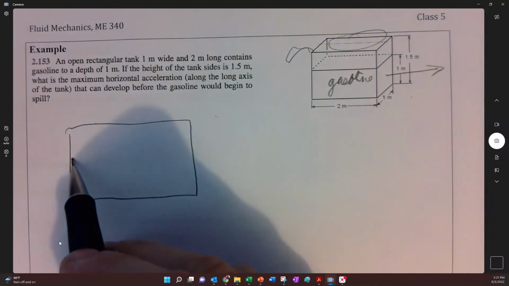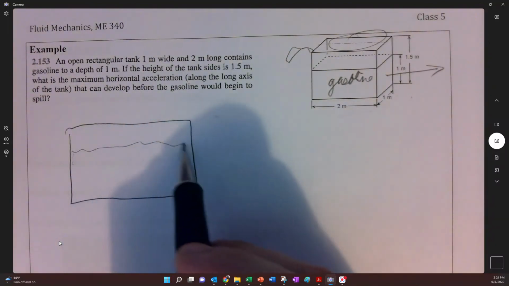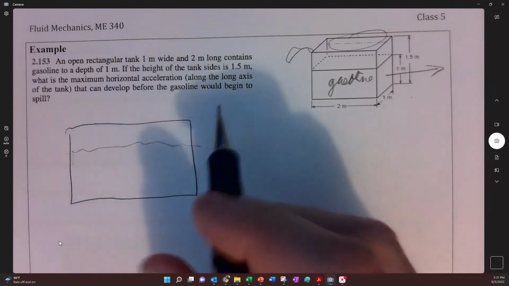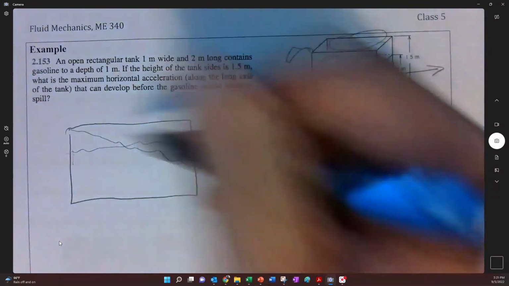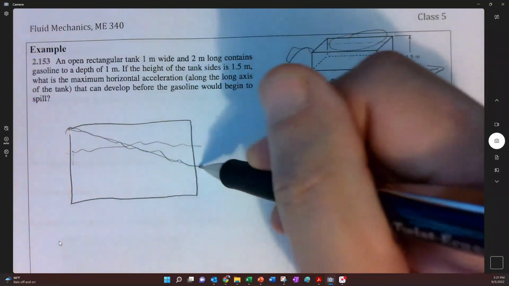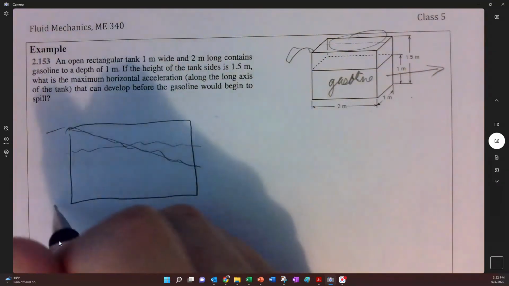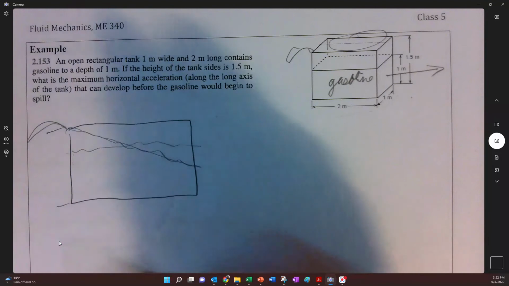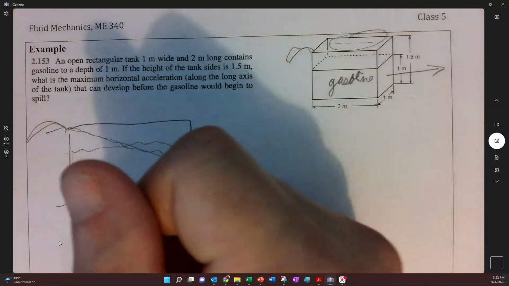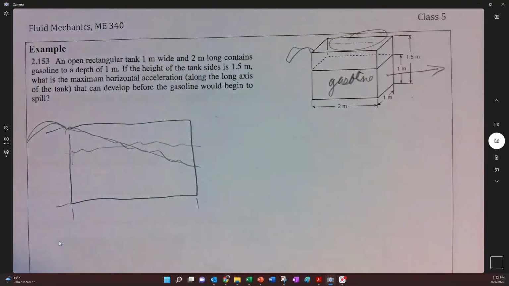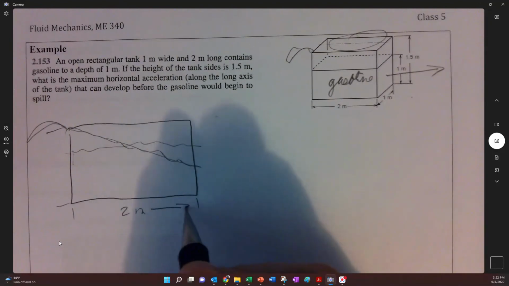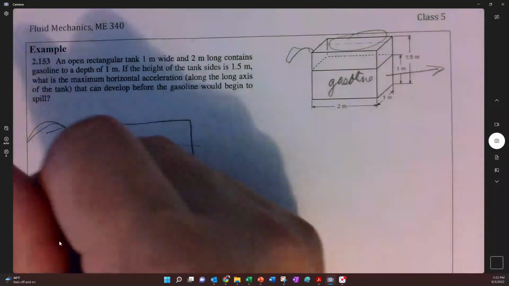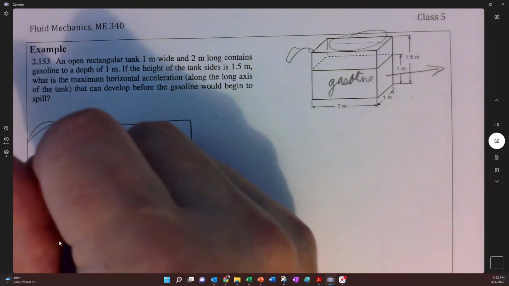And here is the initial depth. And so as it's going to accelerate, right, it's going to form right here a line that's kind of like this. And we want to find out, right, we don't want any to spill out. So that's going to allow us to establish. So here's the acceleration. So here is 2 meters long, and this is 1.5 meters high.